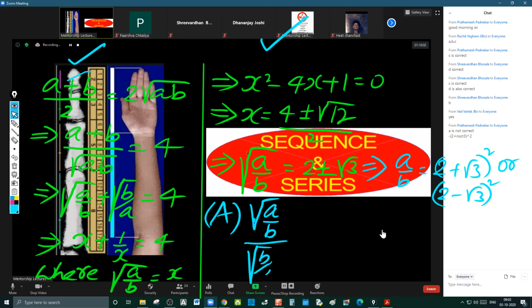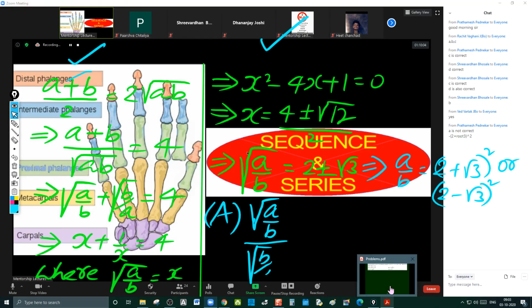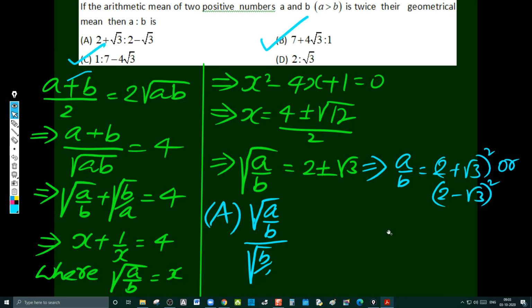Why is the screen out? Something happened there. Root a by b divided by root b by a. Then root a by b I can take as 2 plus root 3, and root b by a is 1 upon 2 plus root 3.